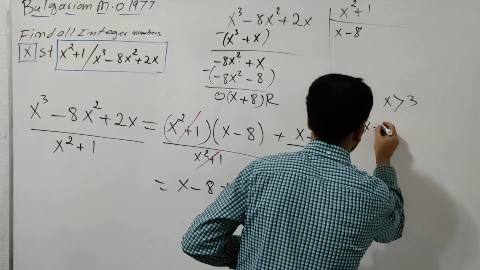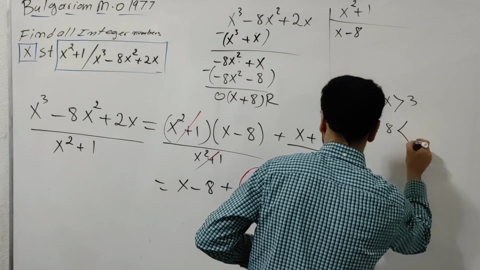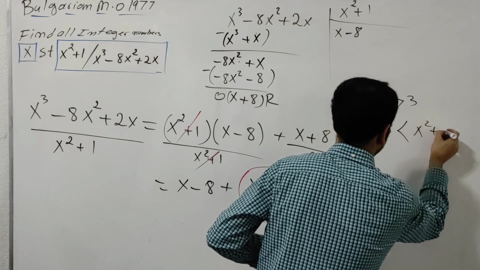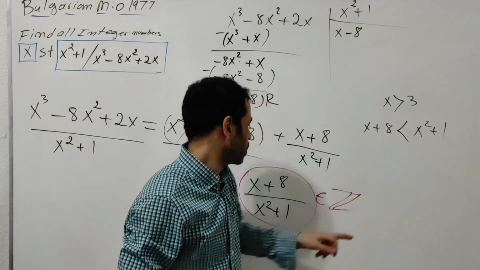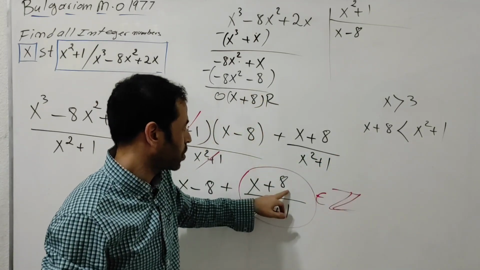So I will have x plus 8 strictly less than x squared plus 1. Since the numerator is smaller than the denominator, it is impossible for x squared plus 1 to divide this one.